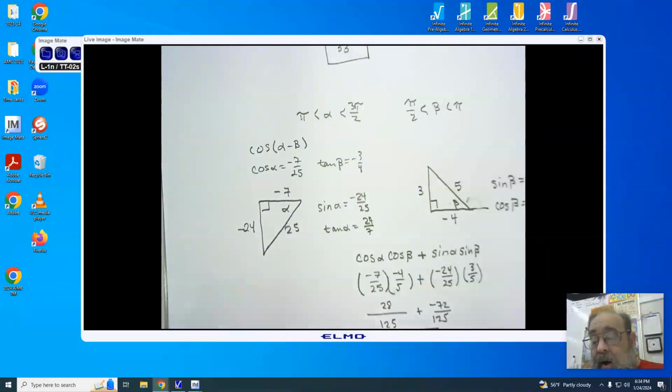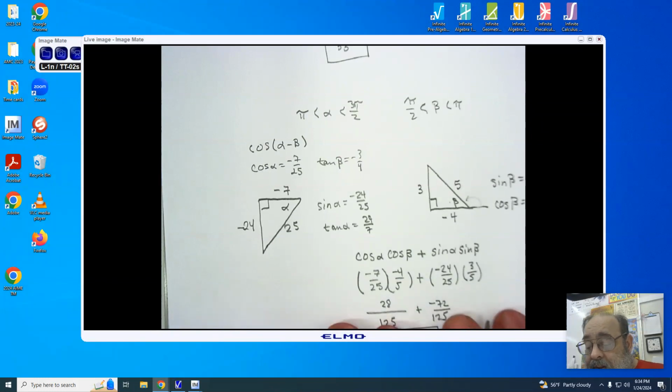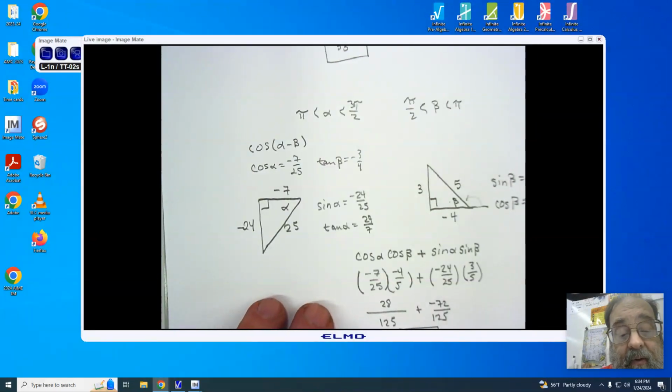We then find our values, we directly substitute, and we add or subtract. This is working with our sum and difference function identities for sine, cosine, and tangent.